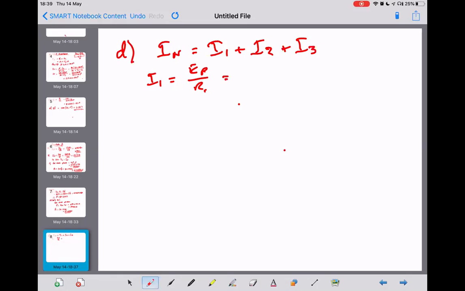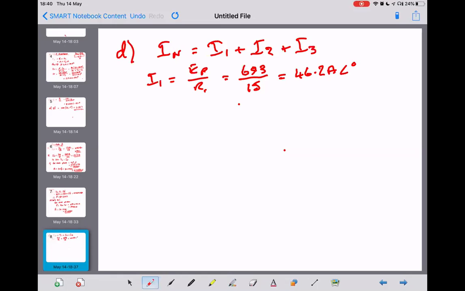Which then equals 1,200 divided by square root of 3, or 693. It doesn't matter if you put the 1200 over root 3 or you just use 693 straight, it doesn't make any difference. Divided by 15 ohms. And that gives you 46.18 amps. And 46.2 I got.